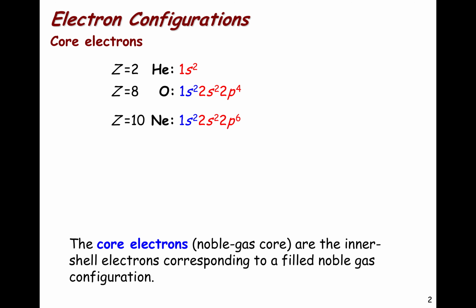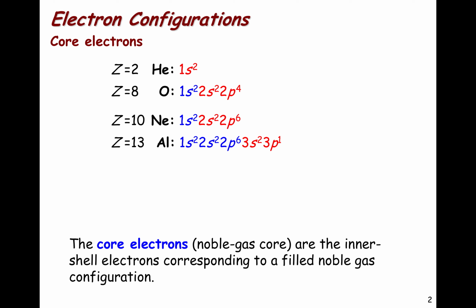The next element is aluminum, which is an element in the third period. So now in this particular case, aluminum has core electrons, which are completely filled in the first shell and second shell, as shown in blue.